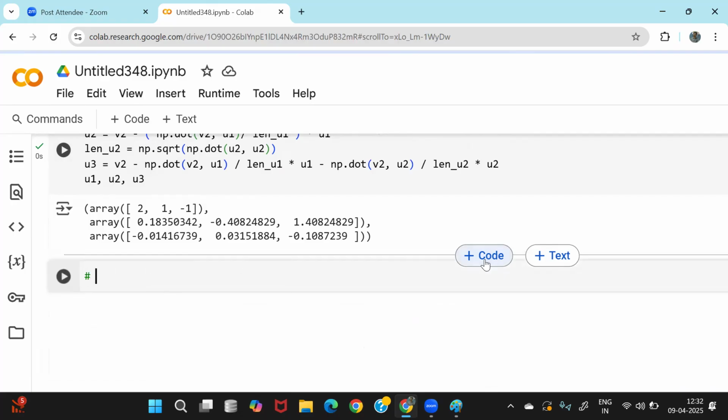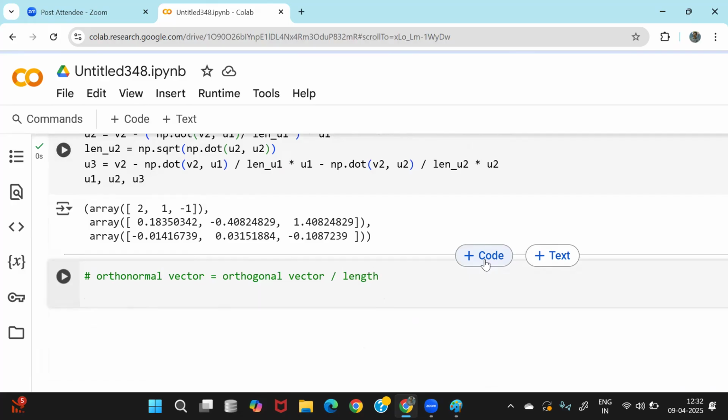Let us convert them into orthonormal vectors. Orthonormal vector is equal to orthogonal vector divided by its length.